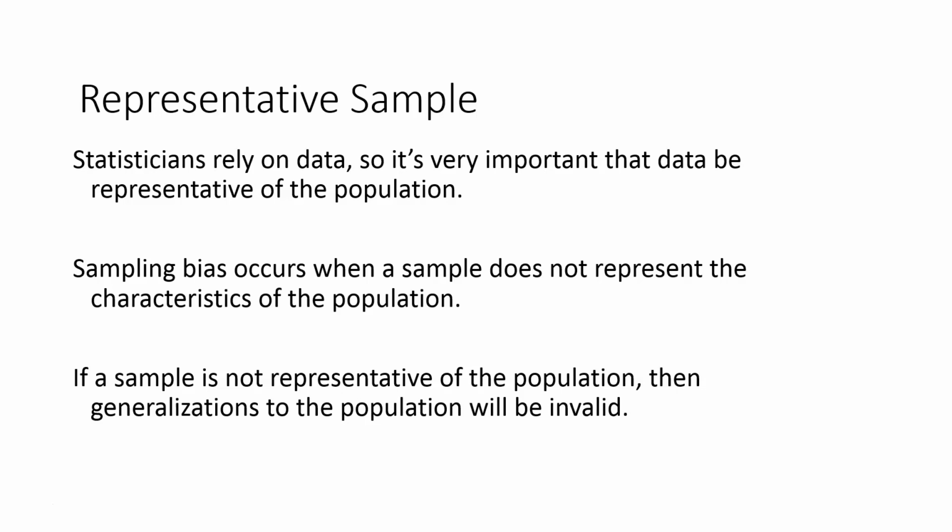That's the same as the population, but just a smaller version of it. So sampling bias is when the sample isn't representative. And when that happens, we can't get valid inferences, valid generalizations to the population.